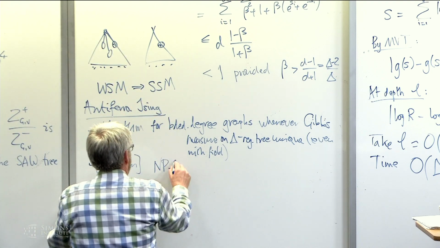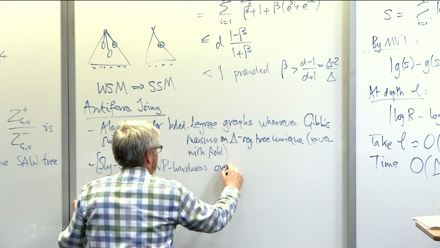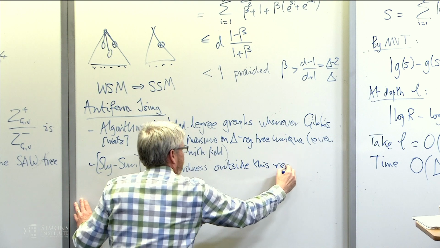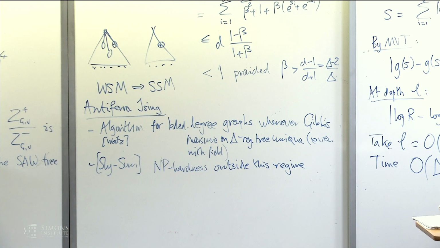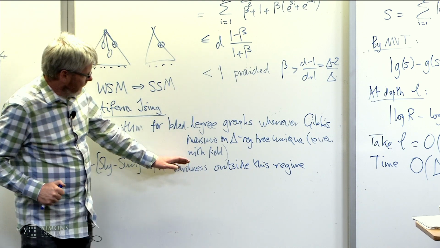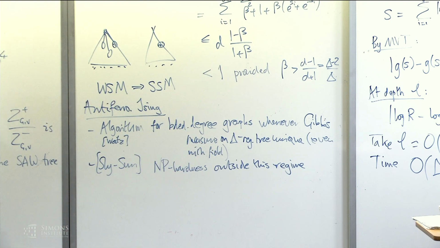NP hardness outside this regime, in the sense that you can construct graphs of bounded degree delta such that it's NP hard to approximate the partition function when the field and the beta and the lambda are in the range of non-uniqueness.